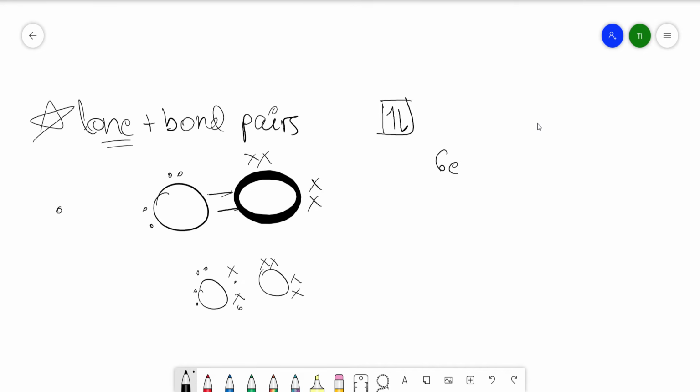What the lone pairs are is the pairs of electrons that are not involved in the covalent bond. So for this oxygen atom, these would be the lone pairs, and for this one, these would be the lone pairs. The electrons responsible for the bonding between the two atoms are called the bond pairs. These are the bond pairs, whereas these are the lone pairs.